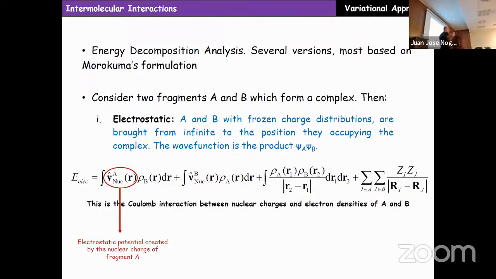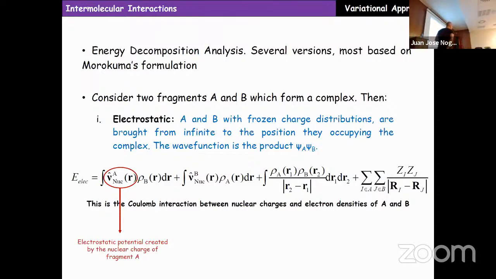I'm going to give you some insight on the most extended one, probably the one developed by people from the Netherlands, and it's implemented in the ADF software. If someone works with intermolecular interactions, they probably know this EDA scheme implemented in the Amsterdam Density Functional code.